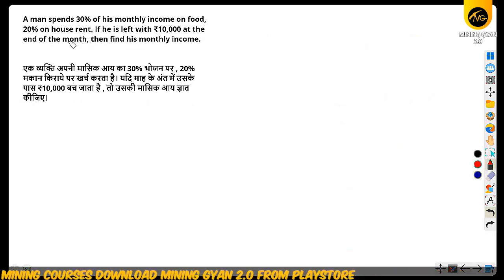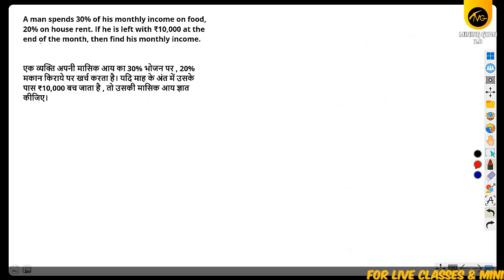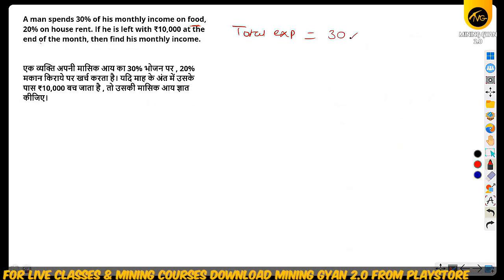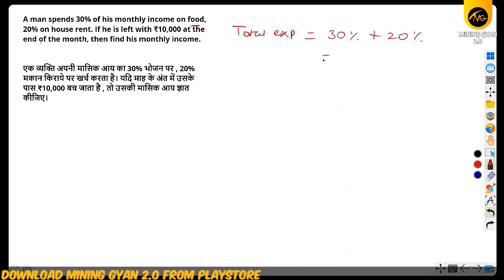Now, a man spends 30% of his monthly income on food, 20% on house rent. Okay, this is another type of question. If he is left with 10,000 at the end of the month, then find his monthly income. Now just add the total expenses. Firstly he spent 30% on food, plus 20% on house rent, so that means 50%.